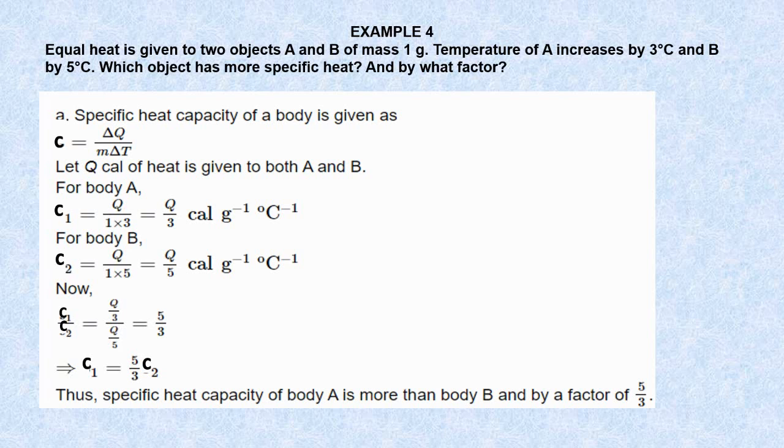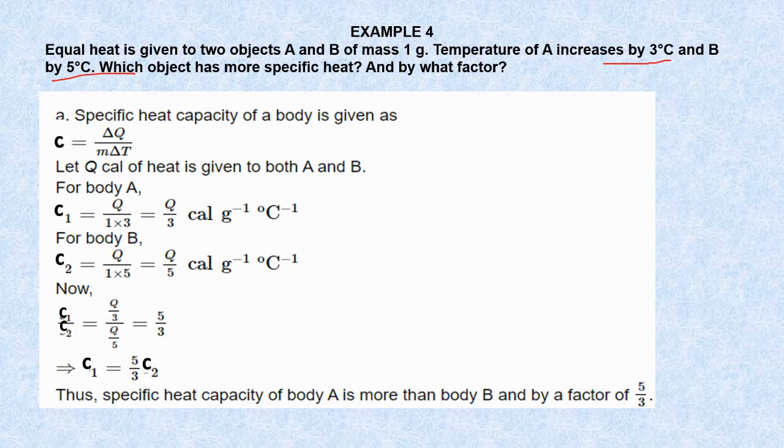Equal heat is supplied to both objects, but the temperature of A increases by 3 degrees Celsius and that of B by 5 degrees Celsius. We have to calculate the specific heat of both objects and compare which one is more and by what factor.